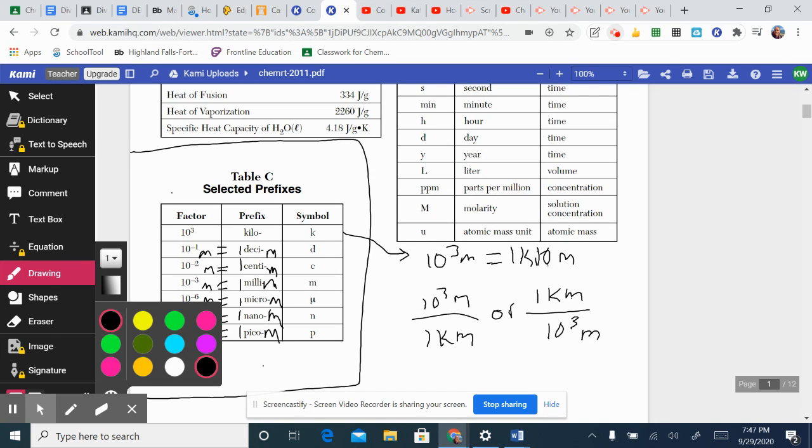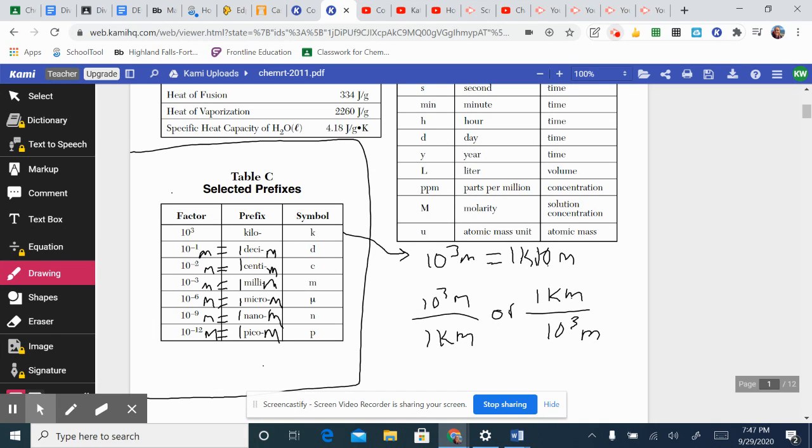So next to the factor, I am going to use the unit meters, but you can use other units. We're just going to use meters for this worksheet. And so I have 10 to the third meters equals, and then I'm going to put a 1 in front of my prefix, and it's kilo, and I'm going to write meters at the end.